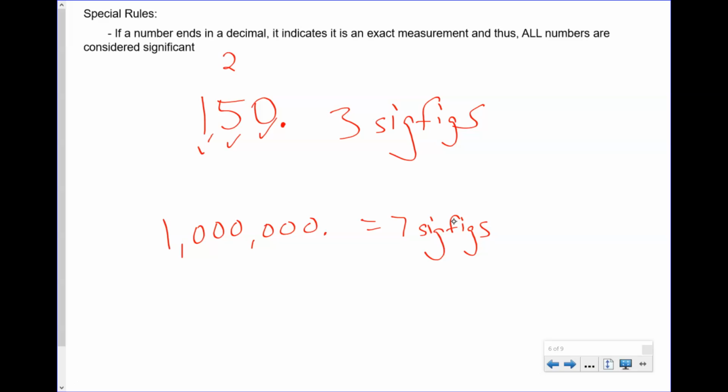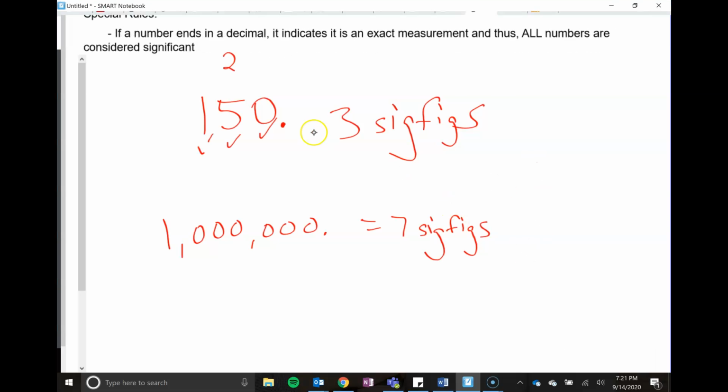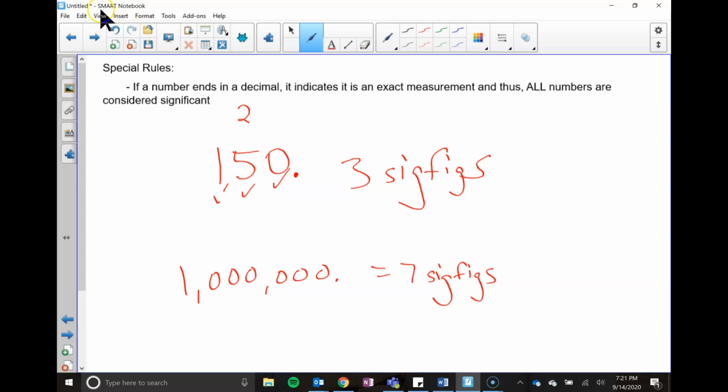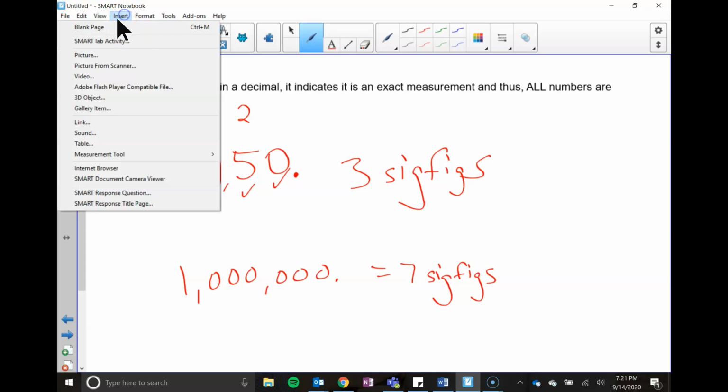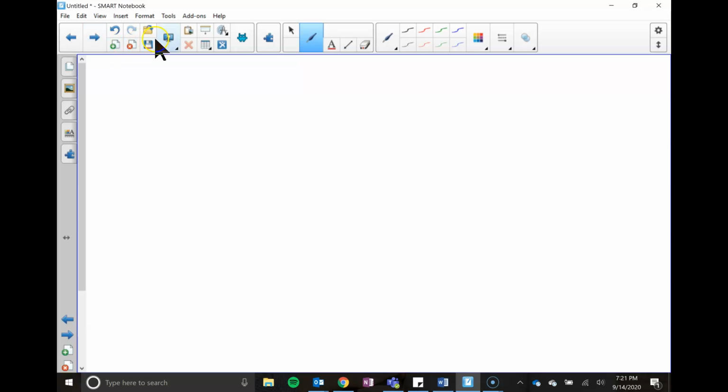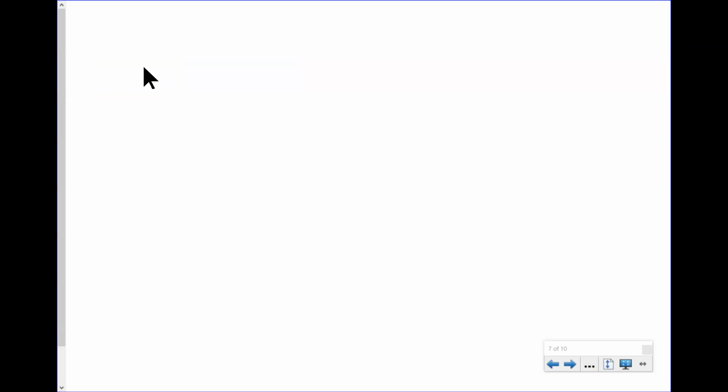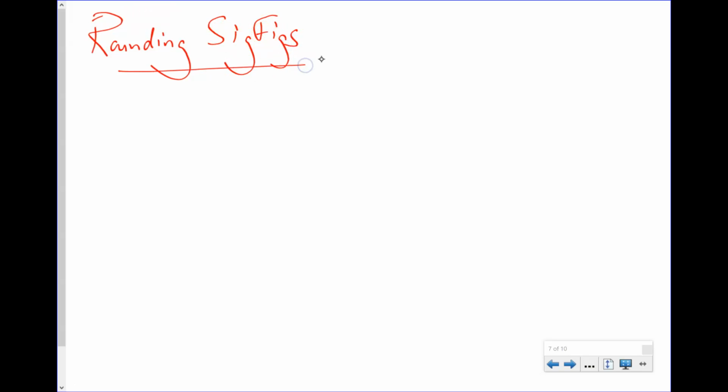All right, so before I move on to the next slide, I'm going to insert a slide here and talk a little bit about rounding sig figs. Rounding sig figs.